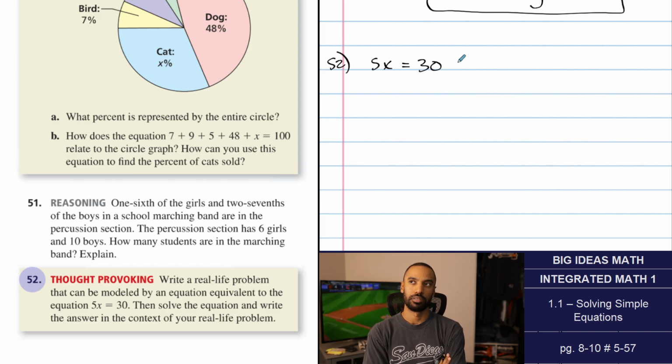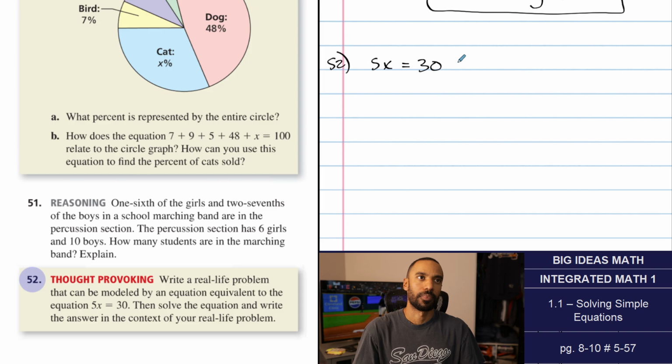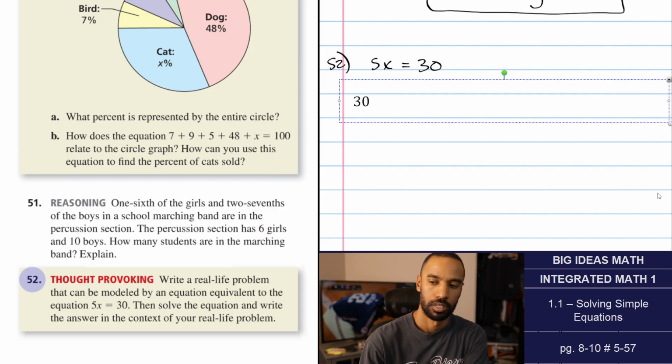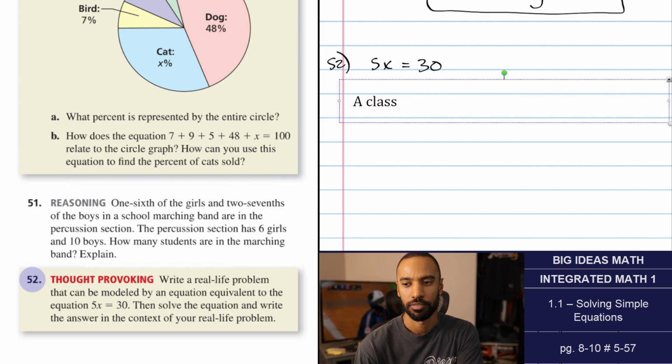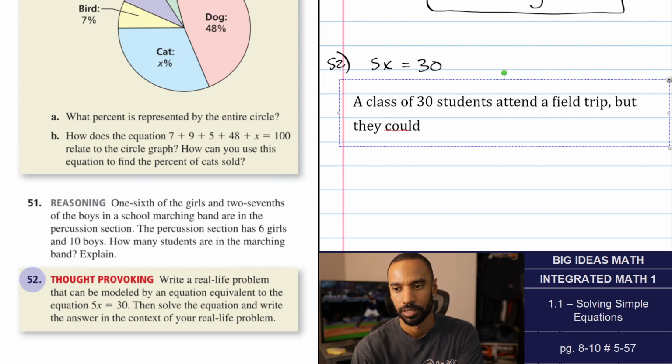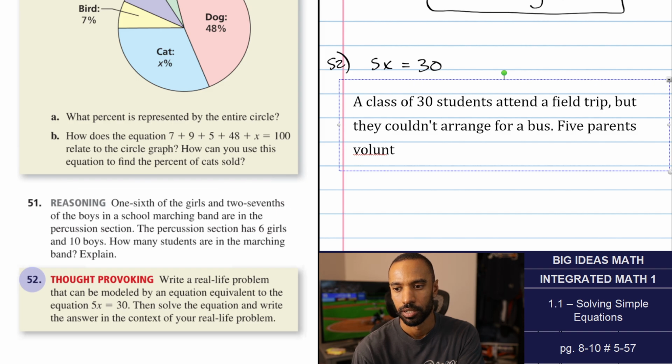There are 30 students, a class of 30 students attend a field trip, but they couldn't arrange for a bus.